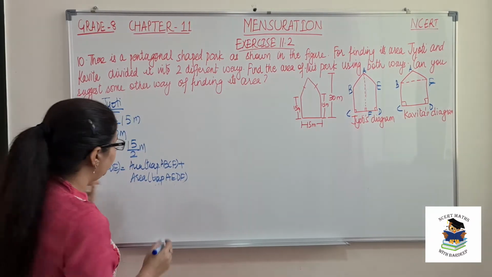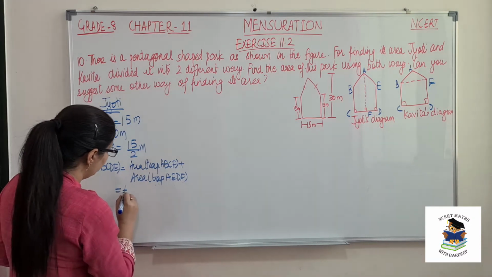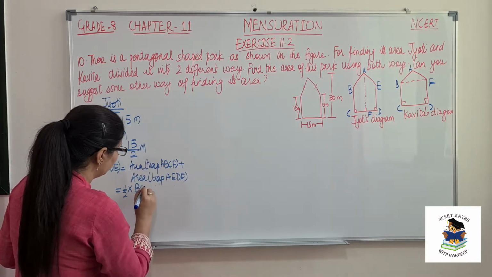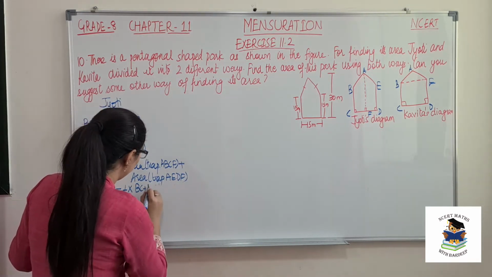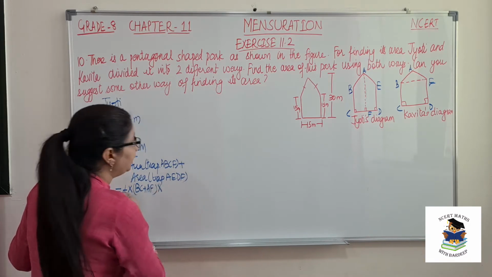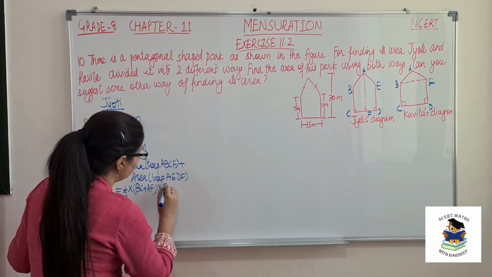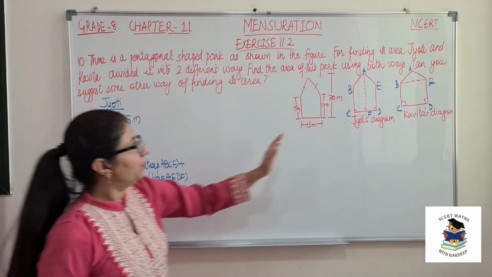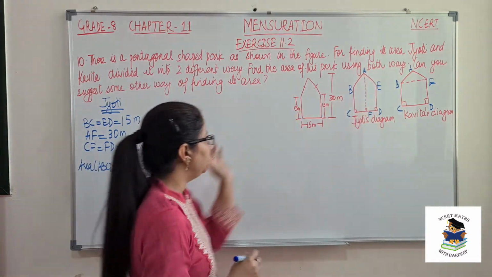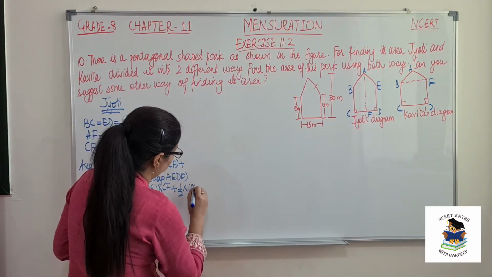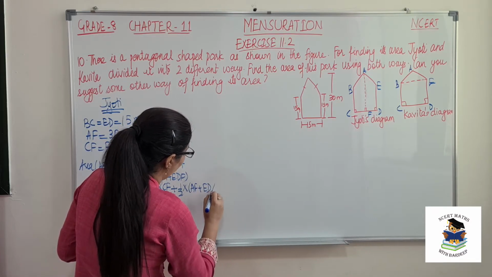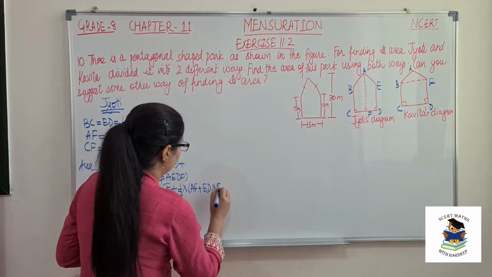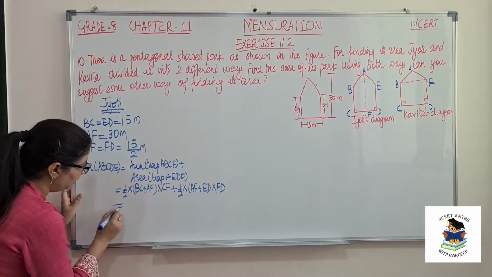Okay, so now let's find the area of trapezium ABCF. This is half into sum of parallel sides, that is BC plus AF, into perpendicular distance, that is CF. Next trapezium is half into sum of its parallel sides, that is AF and ED, multiplied by the perpendicular distance, that is FD. So now let's put the values.